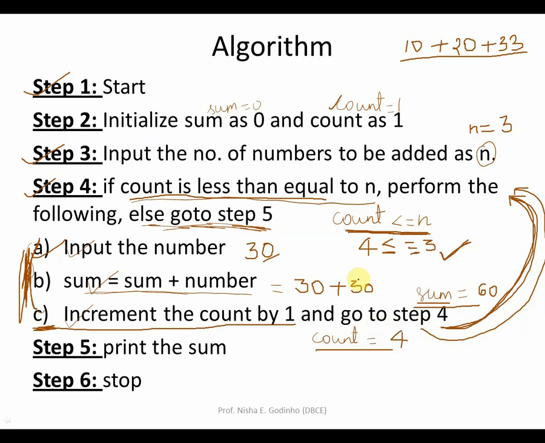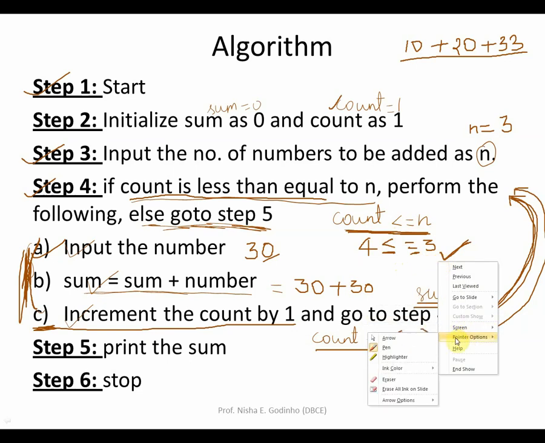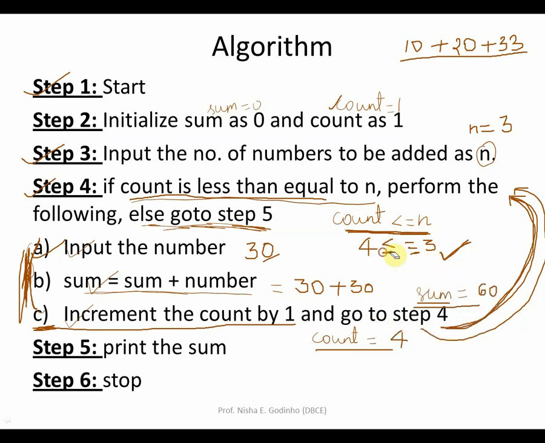Hence we'll write this 4. Now is 4 less than equal to 3? Is it true or false? 4 is definitely not less than 3 and 4 is not equal to 3 also.